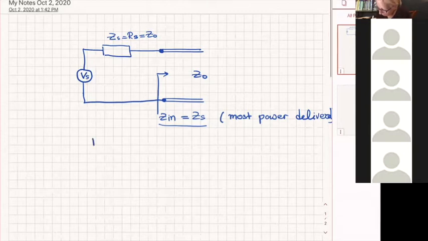Let's call that P incident. It's real, obviously. We have a voltage, a real internal impedance here, and a line that has a real characteristic impedance. How much power goes to your line? Who will tell me?